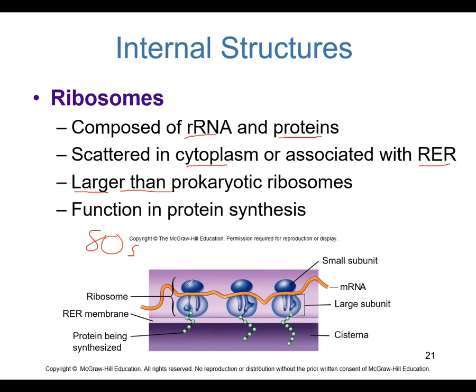The ribosomes are on the outside of the ER, and the proteins get transmitted inside the ER. It's called the cisterna, but in the previous pages they call it the lumen, because lumen is the inside of anything, inside of a tube. And that's how it gets packaged and then sent on to the Golgi apparatus. So again, these are for protein synthesis.